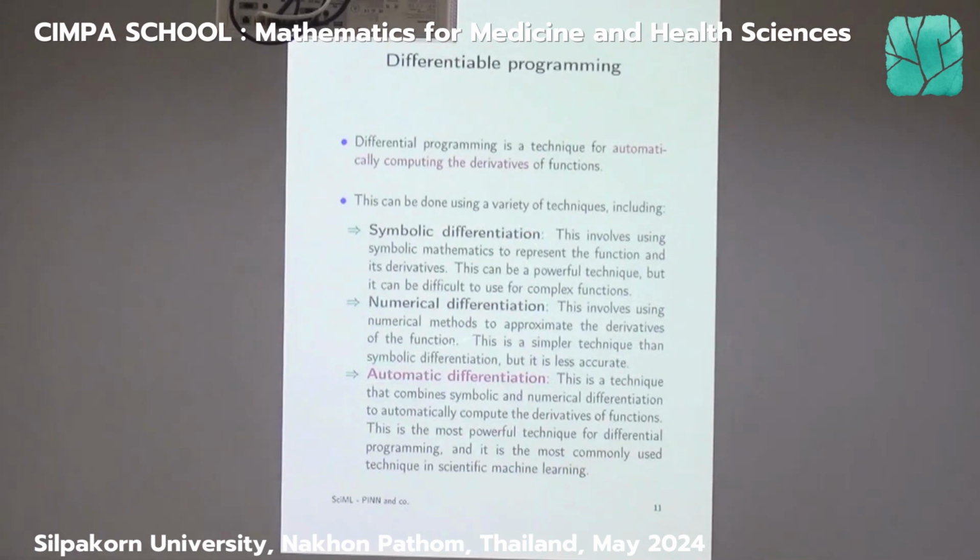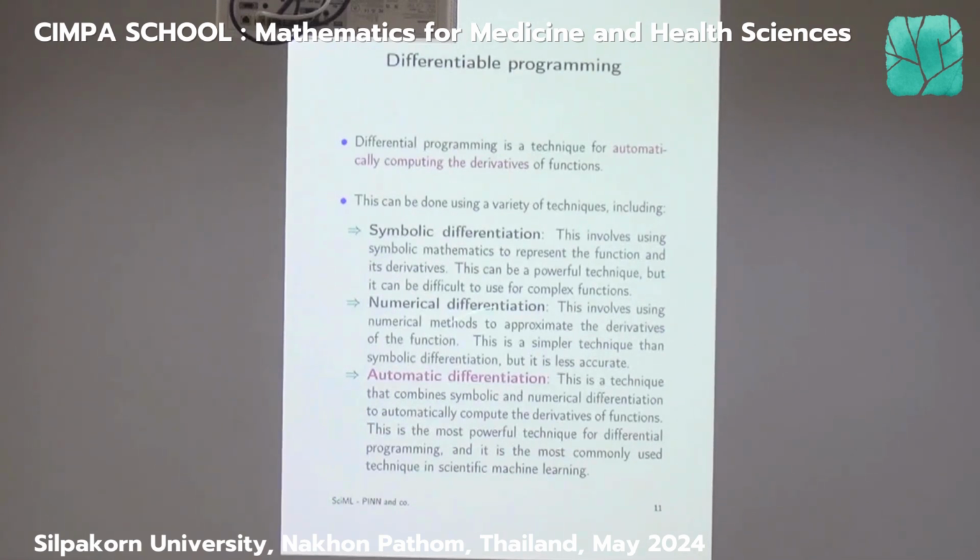And then more often we use numerical differentiation. In other words, we calculate numerically because very often the data is complicated and we cannot calculate symbolically. Both of these are very problematic in high dimensions for complex functions.